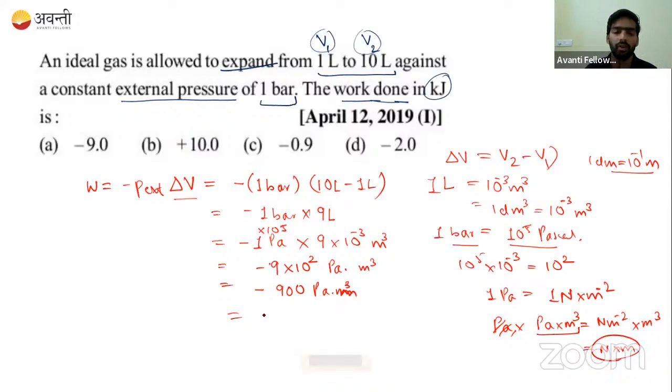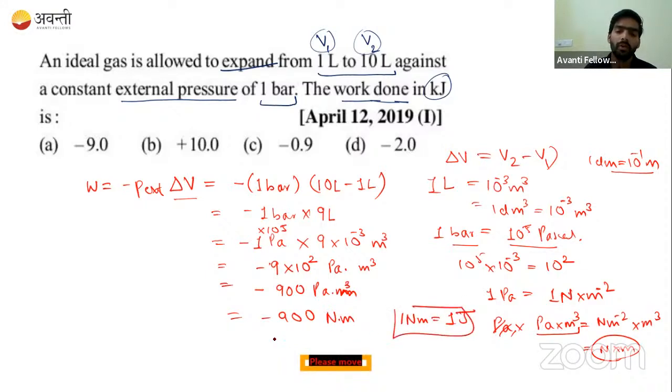So this is going to be our unit, that means 900 Newton meter. And 1 Newton meter is nothing but 1 joule. So here it will become minus 900 joule.